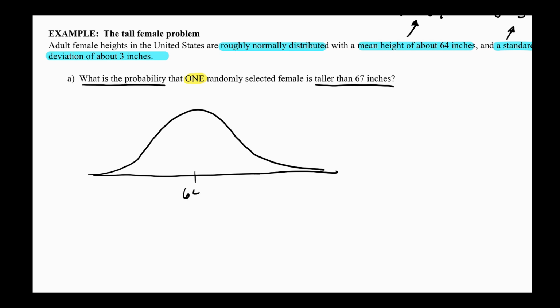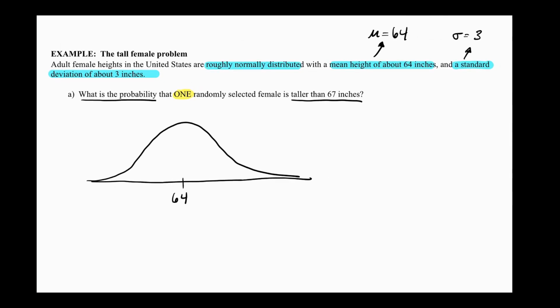The average is 64 for the population. 67 is bigger, and it says taller than, so that's going to shade to the right.